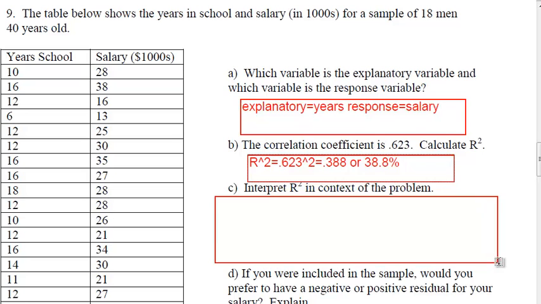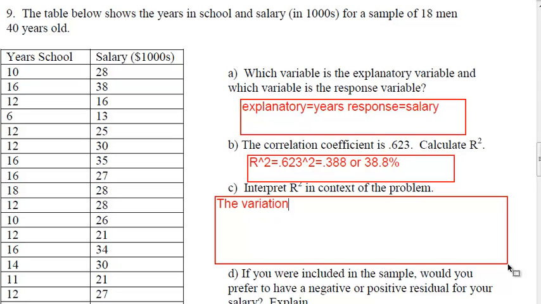It's the interpretation problems that really are harder for students. And so the next problem, we're wanting to interpret R squared. R squared is always interpreted as the variation. I'm going to write it generically first, and then I'll put it in context of the problem.